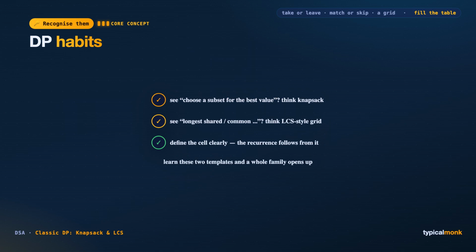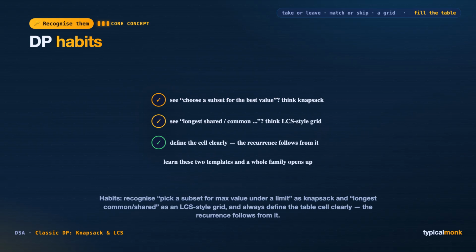Recognize the knapsack and LCS shapes, and define your cell crisply. Those two habits turn these classics from things you memorize into a lens you apply. A great many interview and real-world problems are, at heart, a knapsack or an LCS in a costume. And now you can see through the costume. So the takeaway: build the recognition instinct.